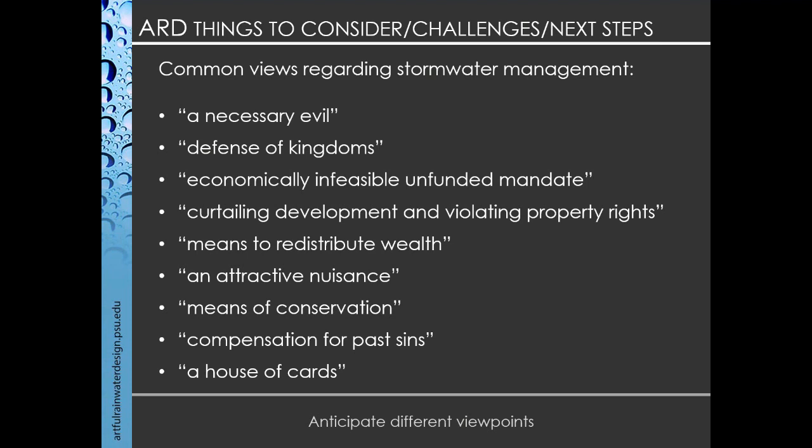It's a necessary evil. It's defensive kingdoms. It's economically unfeasible, an unfunded mandate. It's curtailing development, violating property rights. It's a means of redistributing wealth, which I never quite understood, but I'm sure I can go back and get an explanation. It's an attractive nuisance. It's a means of conservation. It's a compensation for past sins, or it's a house of cards.